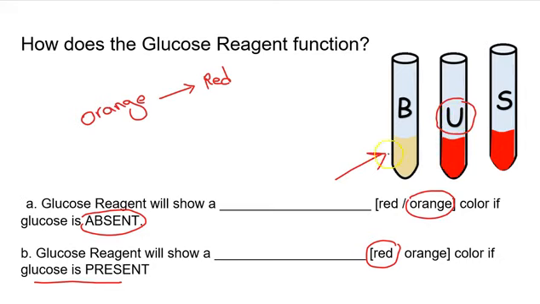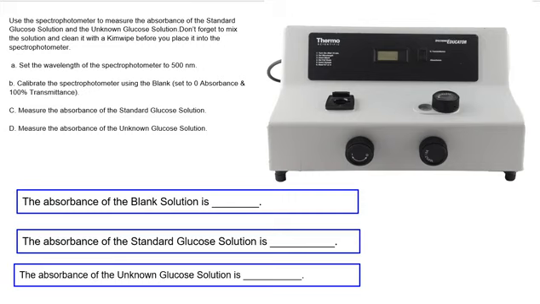And now let's go and measure the absorbance of light for each of our tubes or solutions. We're using the spectrophotometer to measure the absorbance of the standard glucose solution and unknown glucose solution, and we are also going to use the blank solution to calibrate our spectrophotometer to make sure our readings are accurate.